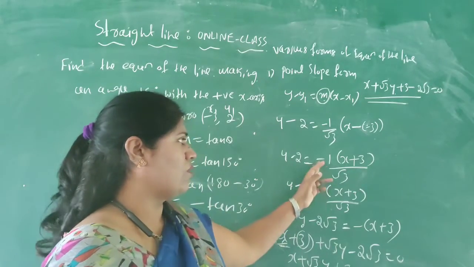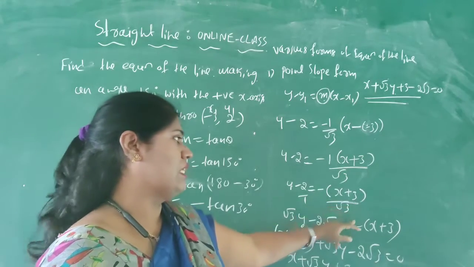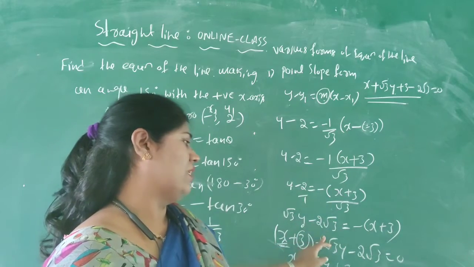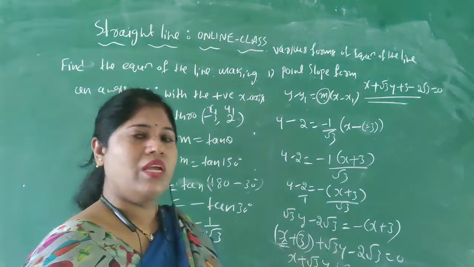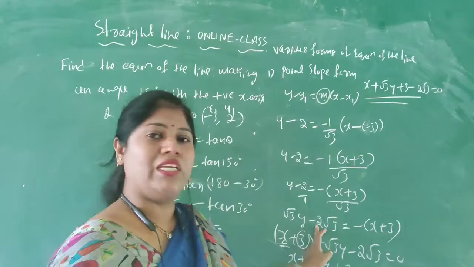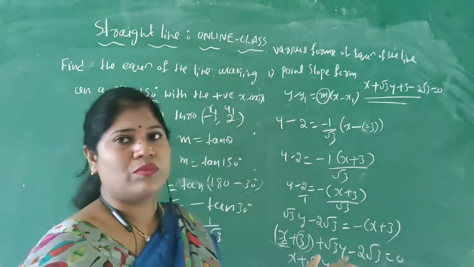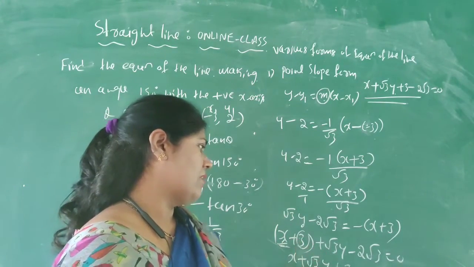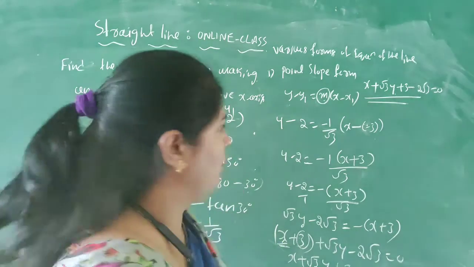Cross multiplying, root 3y minus 2 root 3 and minus of x plus 3, which becomes plus of x plus 3. We have to write the equation in ax plus by plus c form. Therefore x plus root 3y plus 3 minus 2 root 3 is equal to 0.